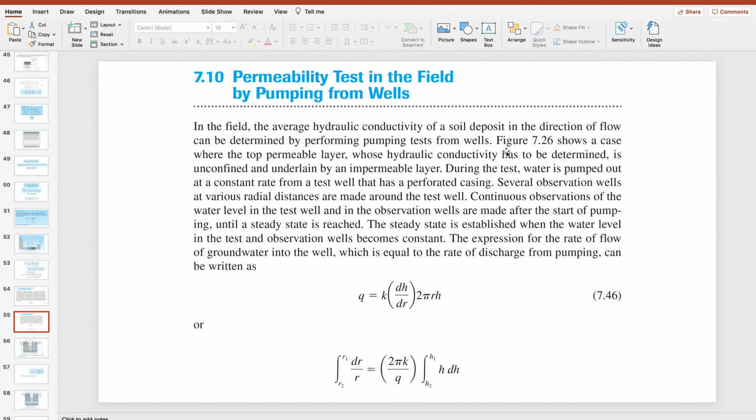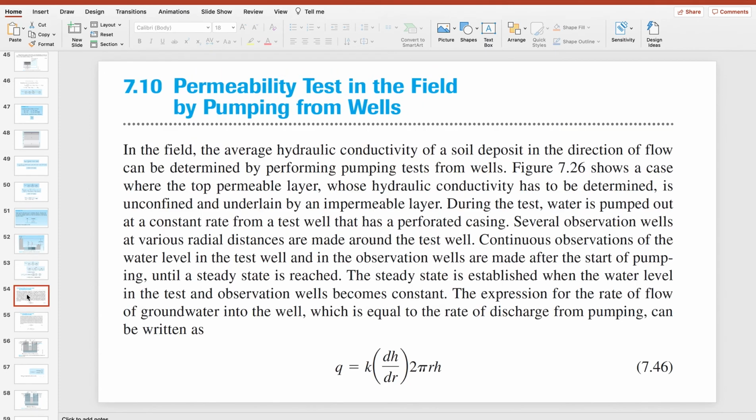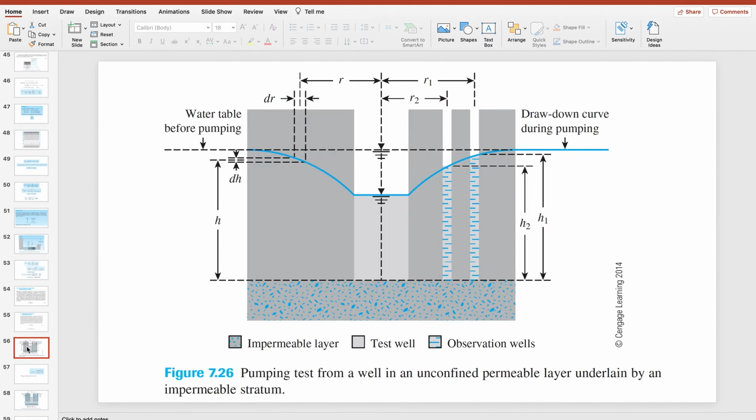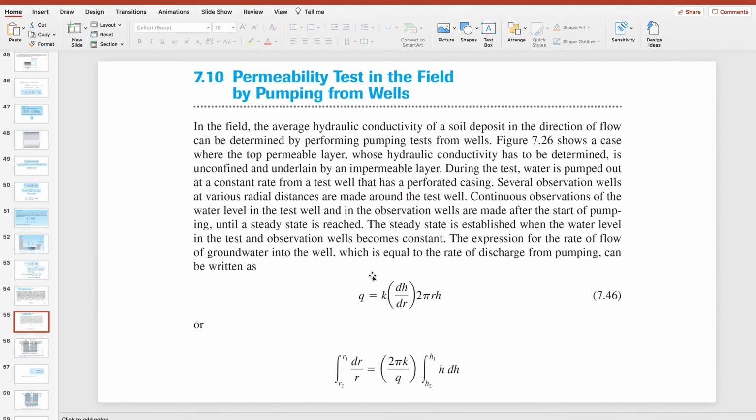Figure 7.26, no, nagkamali. It is the same. So Q, sorry, parehas lang siya, no? So you have here Q is equivalent to K times the change in H with respect to the change in radius times 2 pi r H.